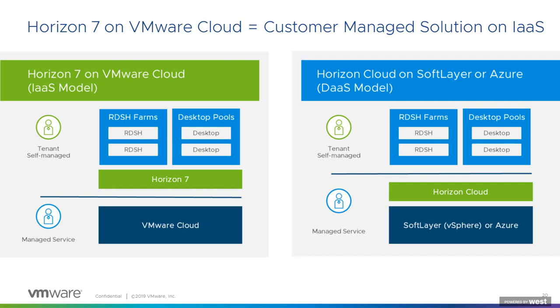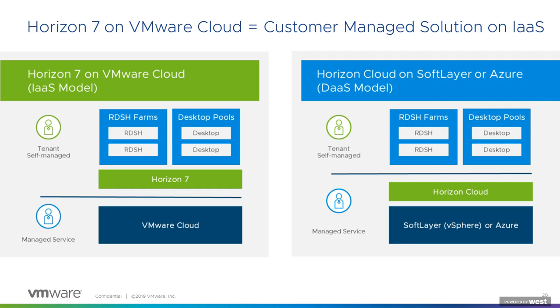This is our Horizon Cloud on software or Azure solution. So if you're familiar with it, VMware actually manages more. So in this case, VMware also manages the Horizon Cloud infrastructure as well. And all the customer and the tenant has to manage is RDSH farms and or desktop pools. Right? So it's pretty different. So when you deploy Horizon 7 on VMC, you are responsible for your own infrastructure.